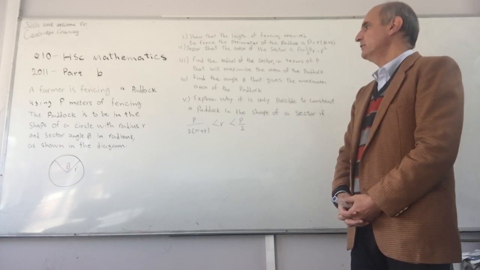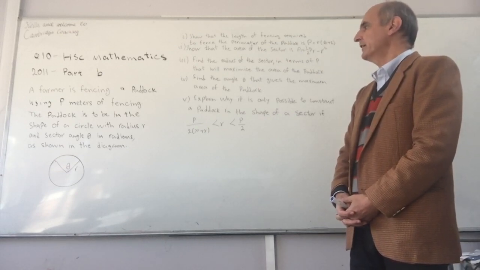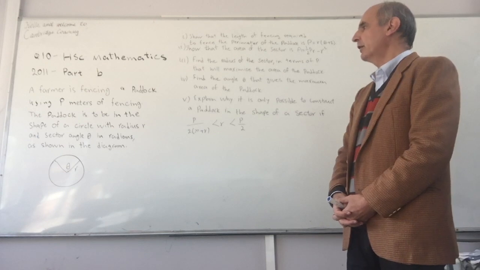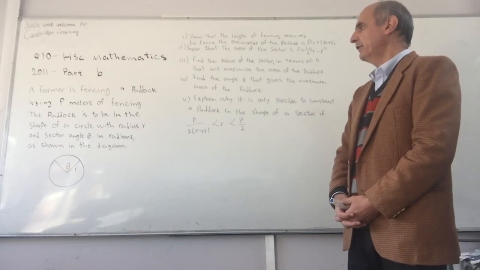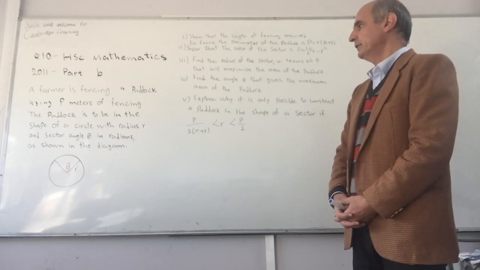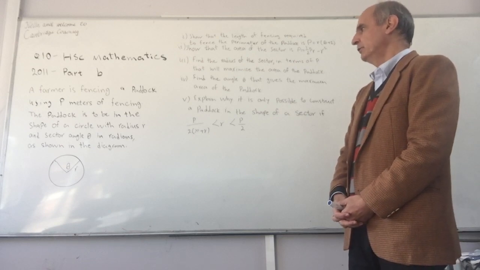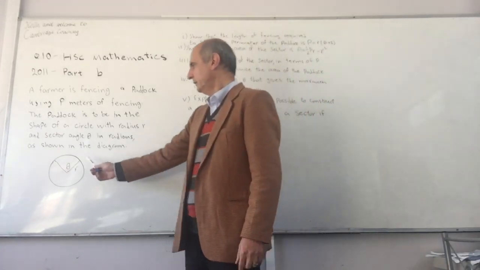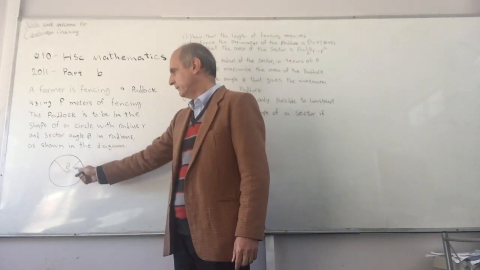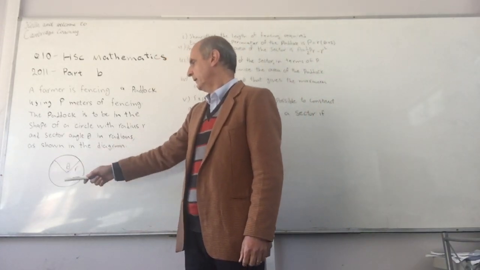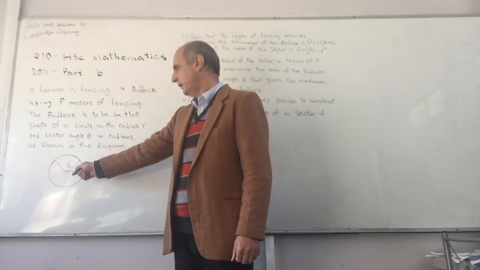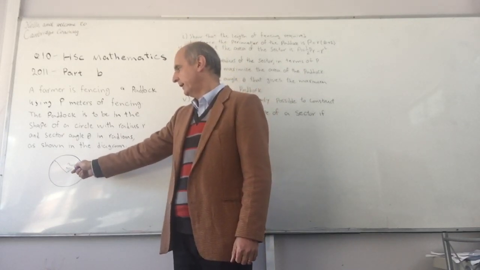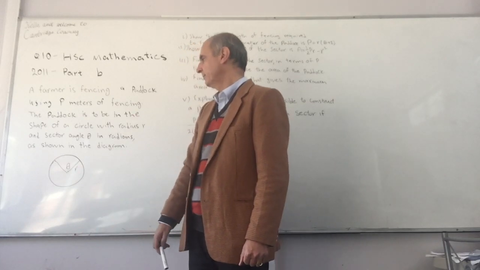The paddock is to be in the shape of a sector with radius r and sector angle theta in radians, as shown in the diagram. So basically, here we have a sector with a radius of r and with the central angle of theta.